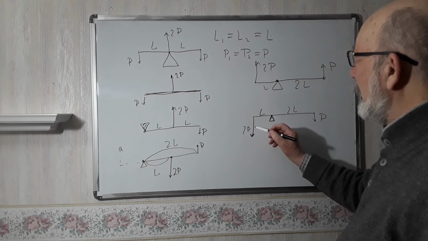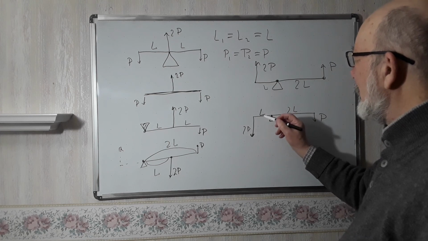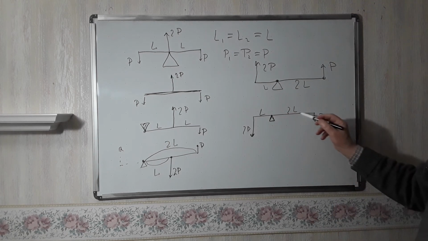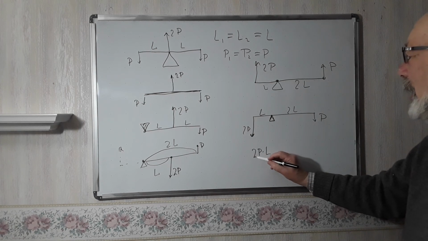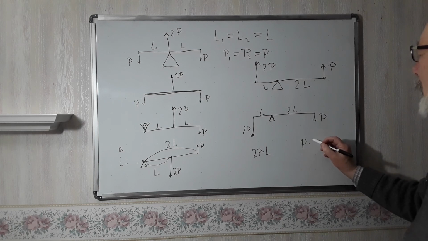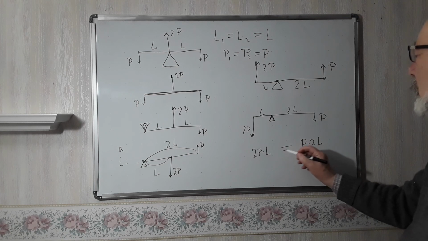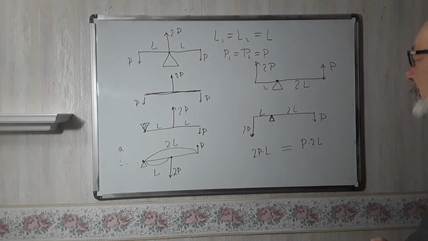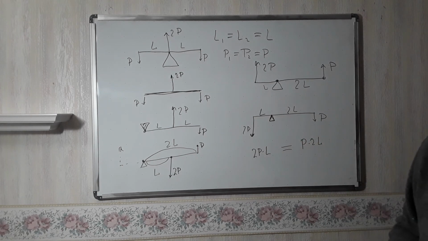Here the product of force and length is 2P times L, and here we have P times 2L, and the system is in equilibrium, and of course they are equal. So in this case we proved the Archimedean law about the lever.